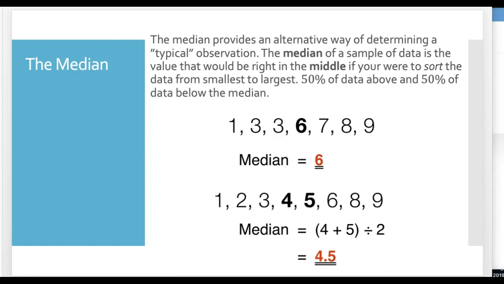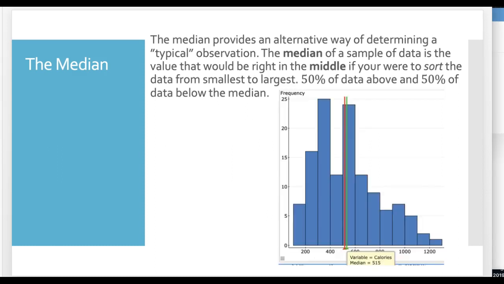Okay, so now what we'll do is look at an example here. The nice thing about the median and like the mean is that we can easily plot these onto our graphs in StatCrunch and compare the two.